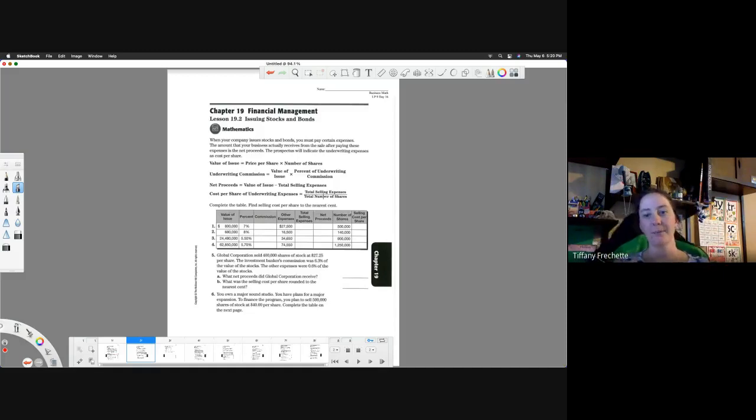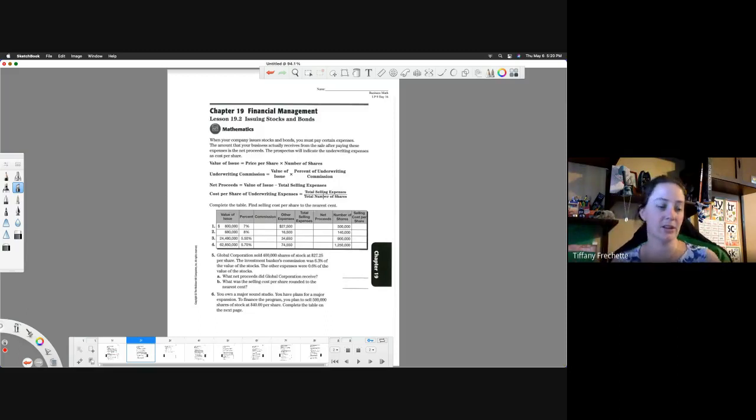You don't want this number to be too terribly big because you want it to be a small cost per share, or at least comparable to the net proceeds. So it's a difficult one to compare out of context, but it definitely helps us know whether or not it's a good buy.